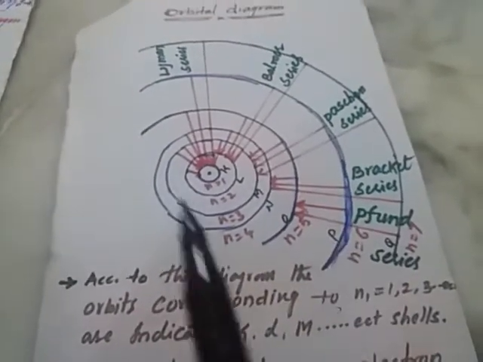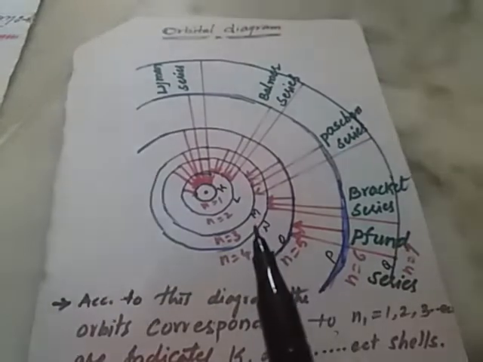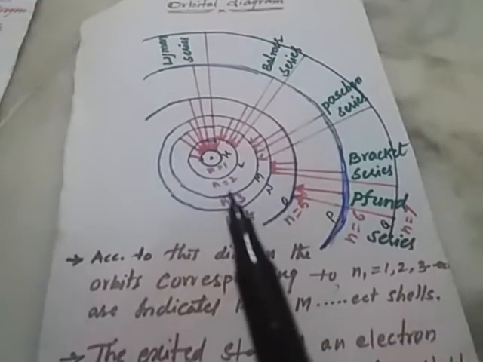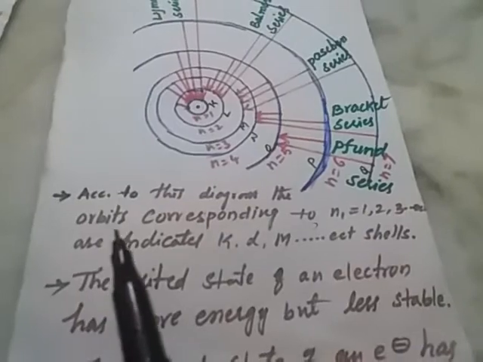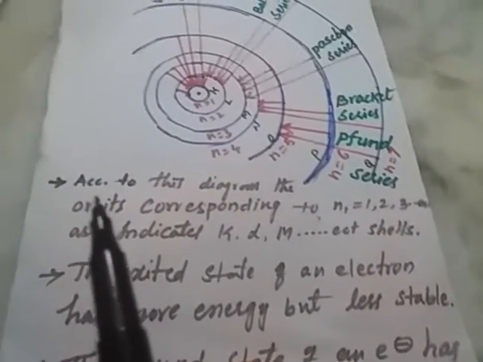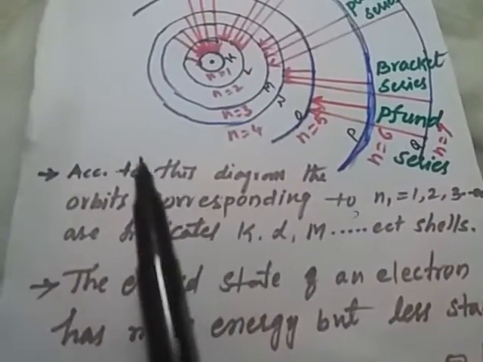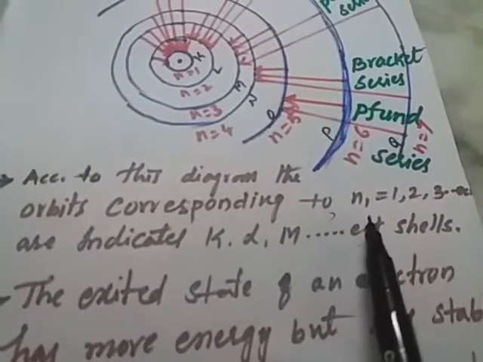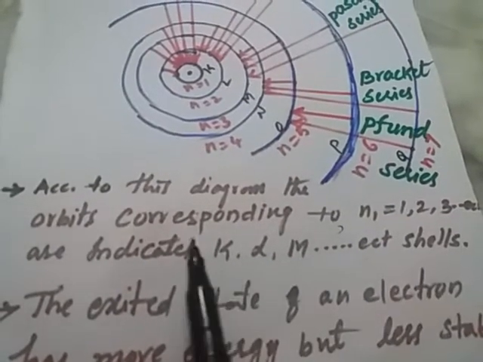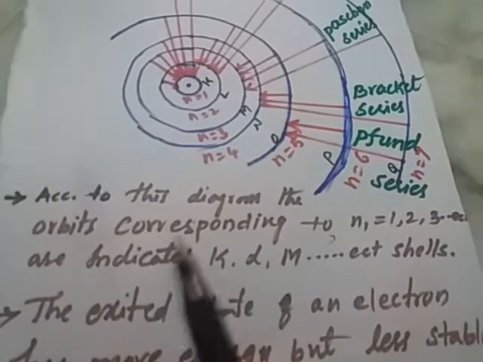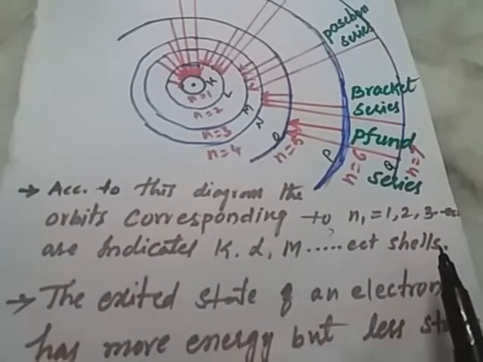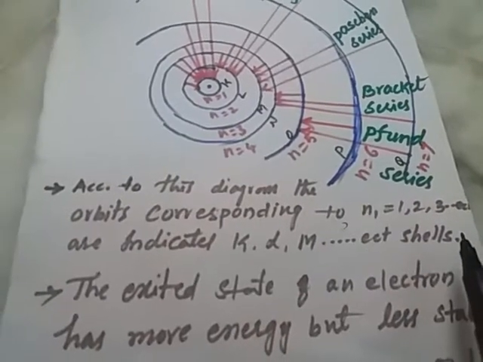According to this orbital diagram, the following important factors are obtained. The first point: the orbits corresponding to n1 equal to 1, 2, 3, 4, and so on indicate the K, L, M, N, O shells, which are stationary orbits.